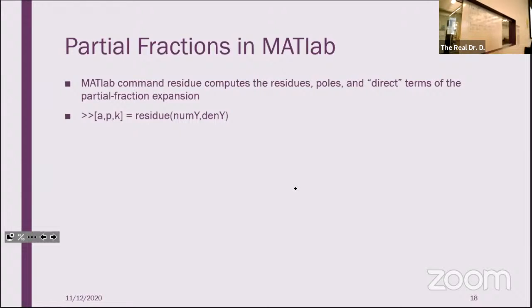Hey, you can do this in MATLAB. The MATLAB command is residue. What do you give it? You give it the coefficients of your numerator and the coefficients of your denominator. If you set it equal to [A, P, K], then you'll get A being the residues, P being your poles, and K being your system gain.